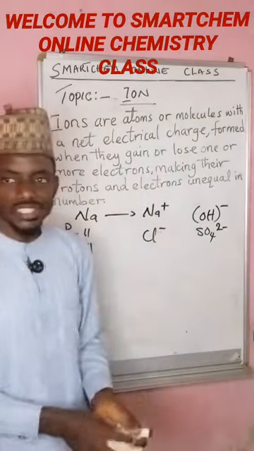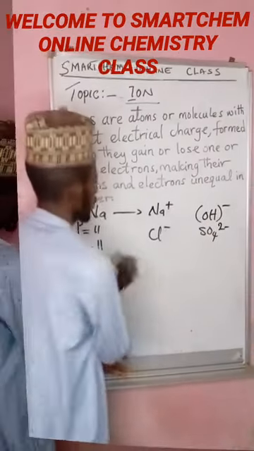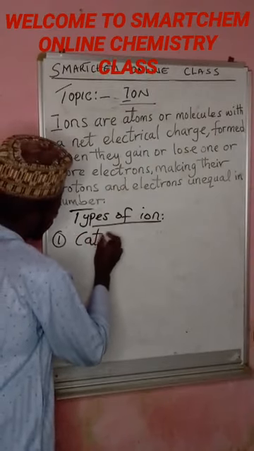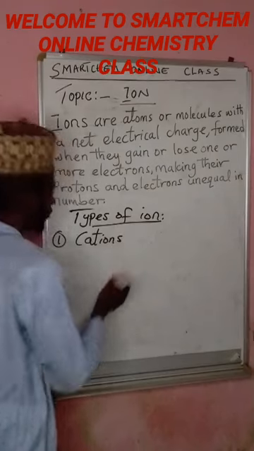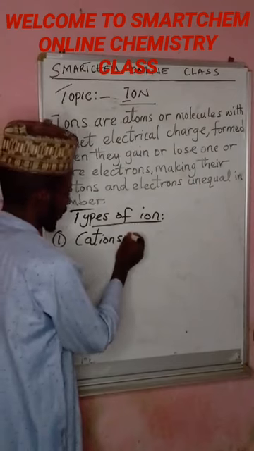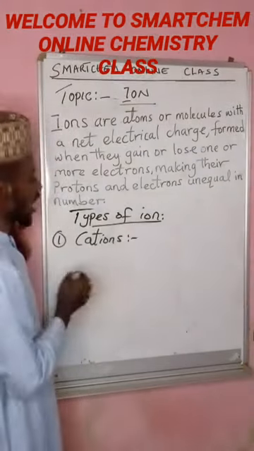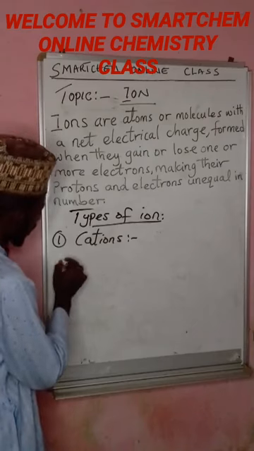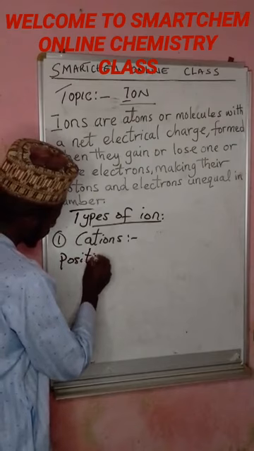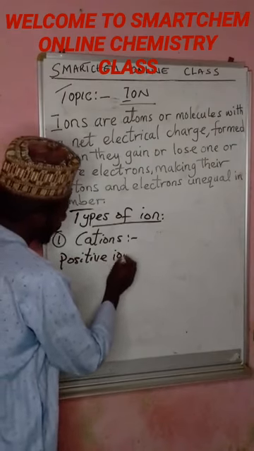We are now going to see the types of ion. Number 1, we have cations. Cations are positive ions.